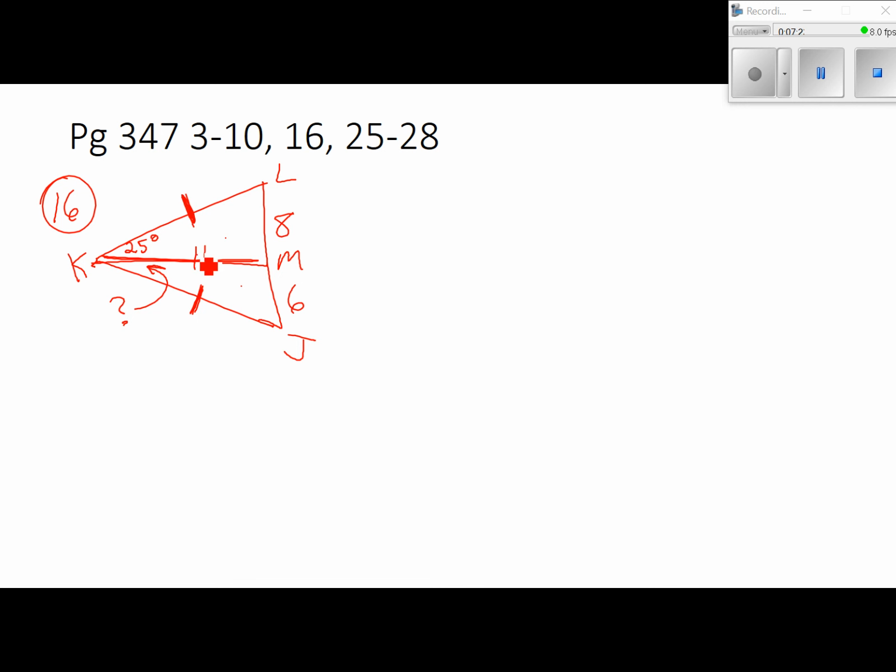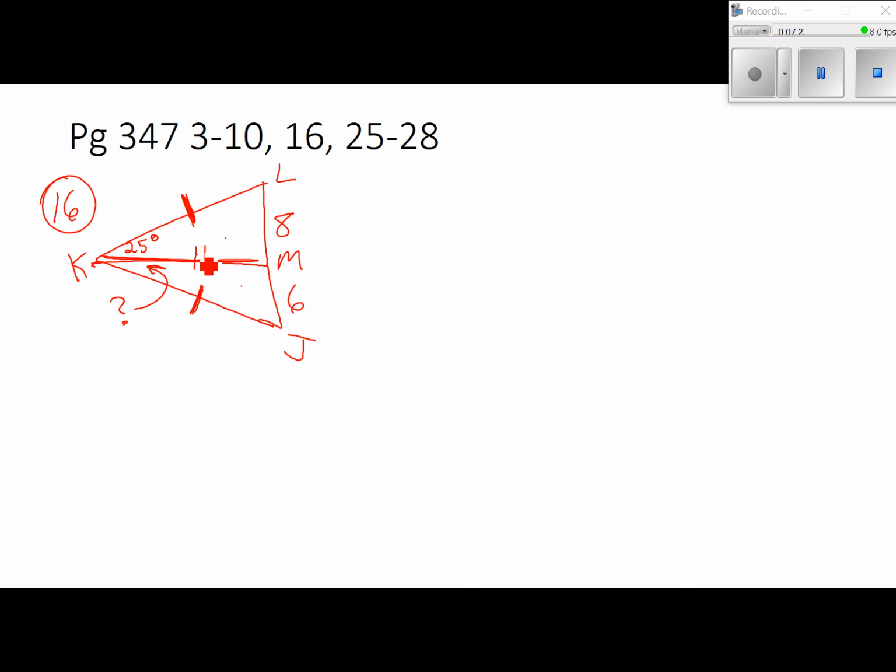Well, the 8 here is bigger than the 6, so that means that the angle that's across from the 8 has to be bigger than the angle that's across from the 6. So we know that this angle right here has to be less than what they told us up here, which was 25 degrees. So it's got to be less than 25 degrees.